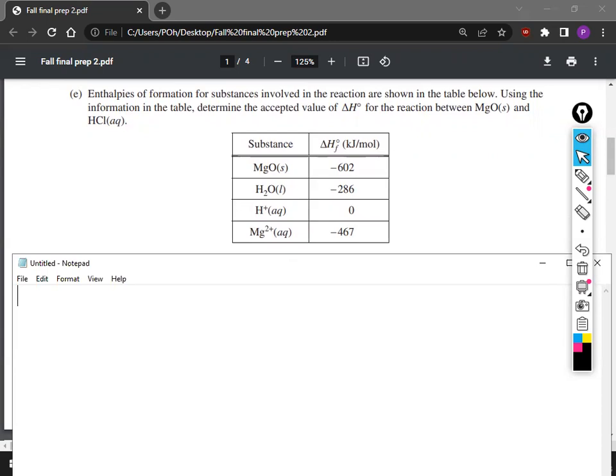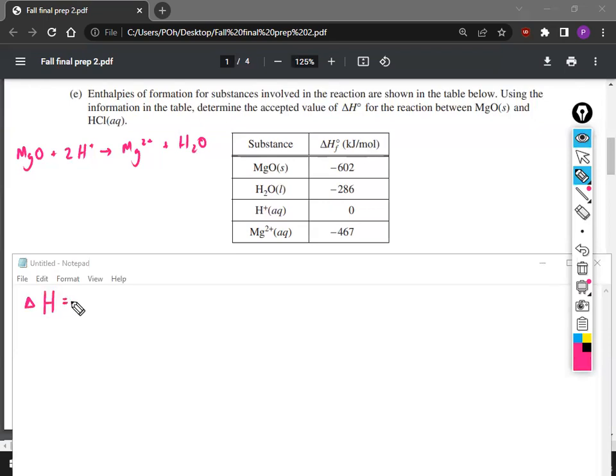Now, if you take a look back at the chemical equation, that's what we're going to refer back to here. So I'm going to write it down so I can refer back to it. H plus produces Mg2 plus H2O. Hopefully I copied that down correctly. Now we're going to take a look at the enthalpy of formation. If you remember, this was a long time ago, back in unit 6.